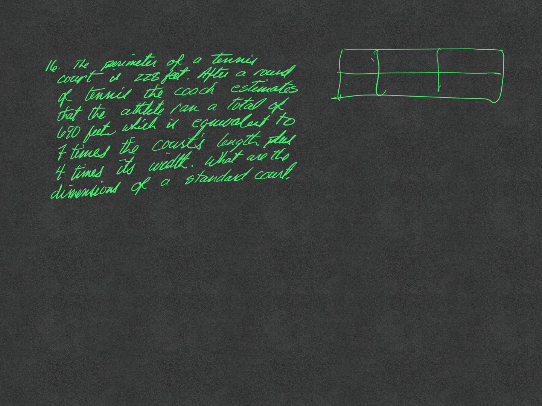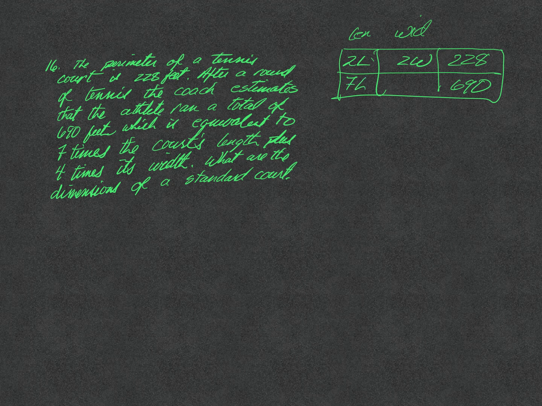And there are 3 components. So we know we have 228 feet and 690 feet. And so it's got to be some kind of length and some kind of width, right? And so we know it's twice the length and twice the width that we add together to get 228. Well, in this next one, the 690 feet, they say it's 7 times the length.